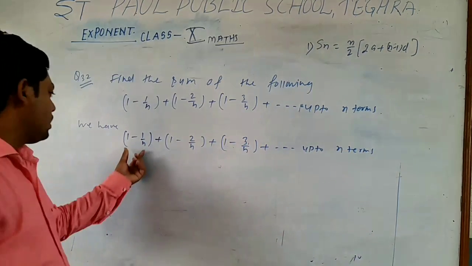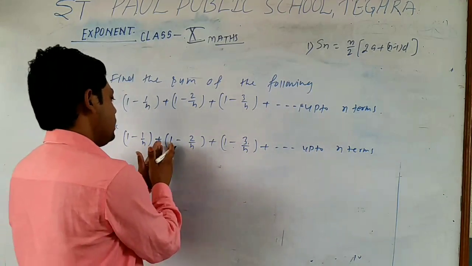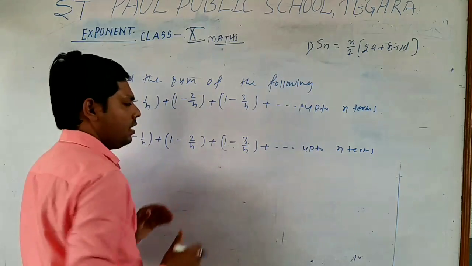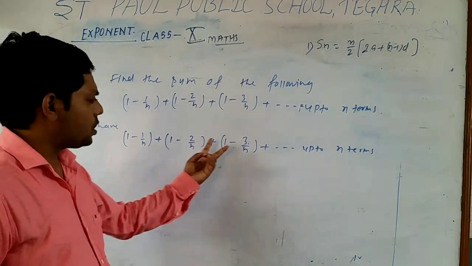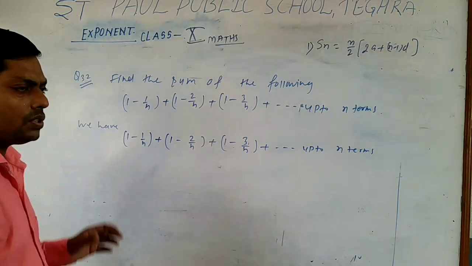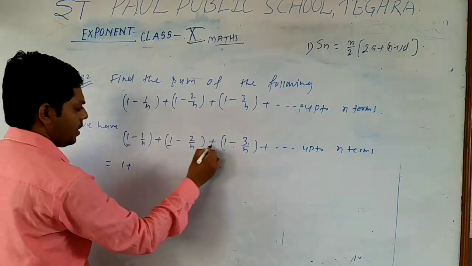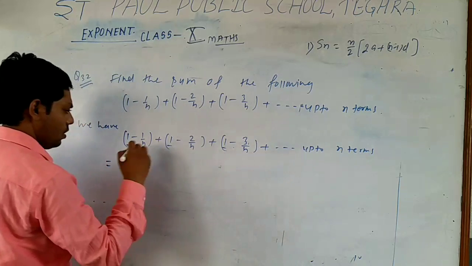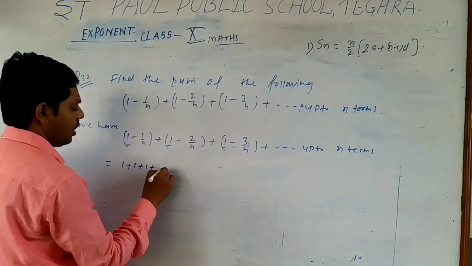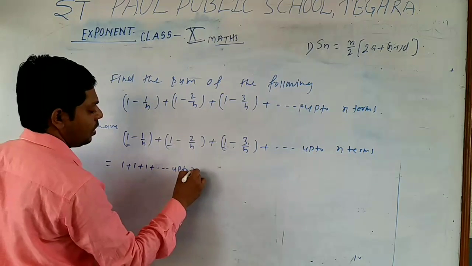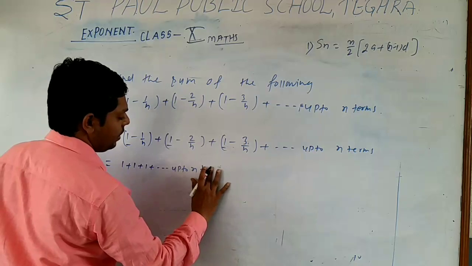Here we see that in each bracket there are 2 terms, so if we separate each bracket, it becomes 2 series. Taking the first term from each bracket, this becomes 1 plus 1 plus 1 up to n terms, that is n times.